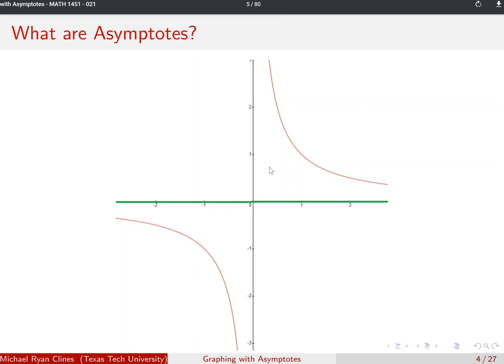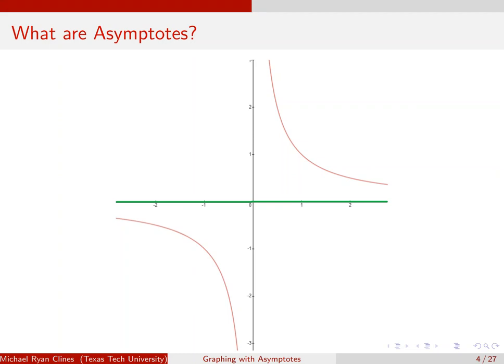But there are cases where the function can kind of come up and actually cross the horizontal asymptote. The horizontal asymptote is not a barrier. It's not like that vertical asymptote where it's, you shall not pass kind of situation. The horizontal asymptote is more of a trend line. So it kind of dictates how the function is behaving as you get closer to plus or minus infinity, but it is not a strict barrier.